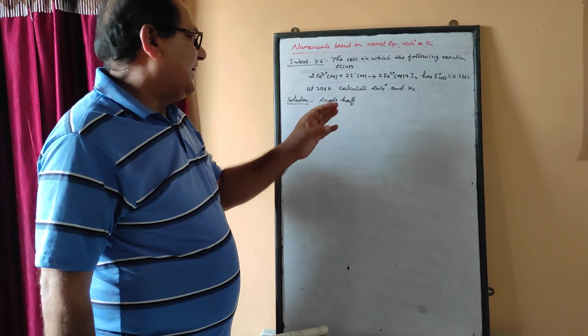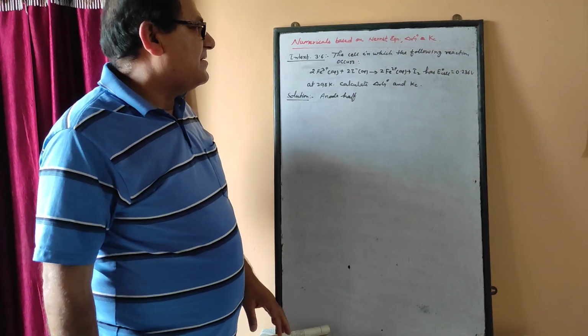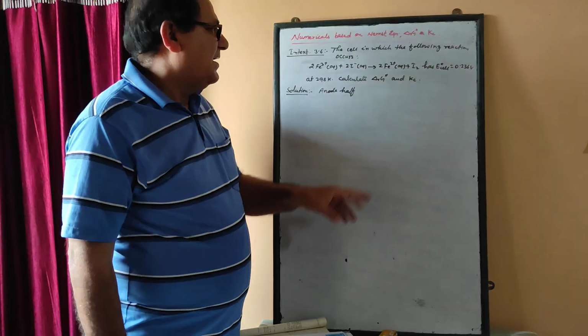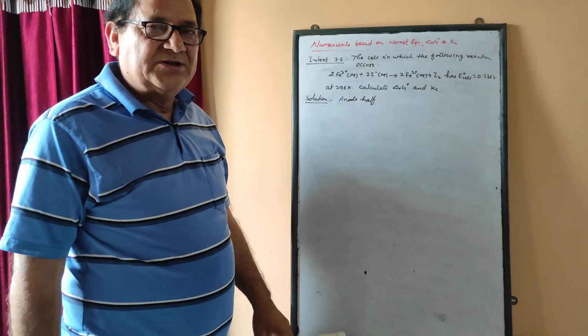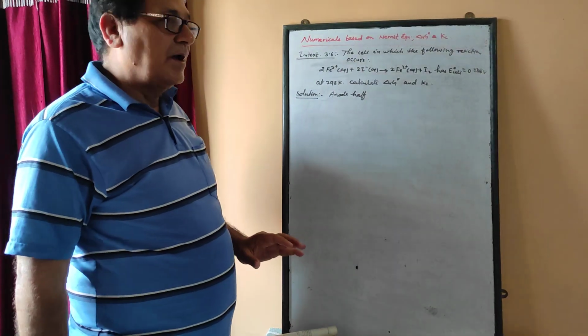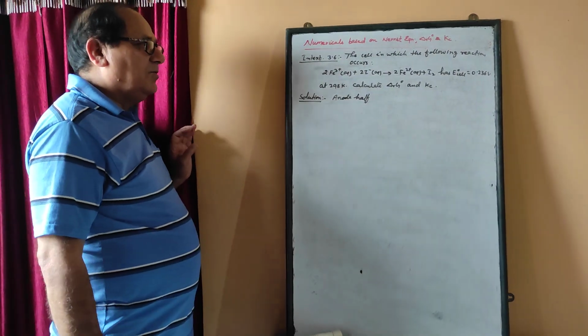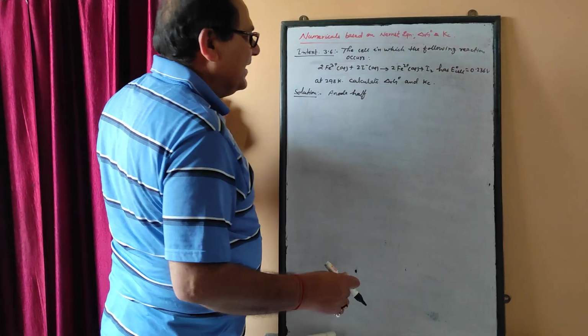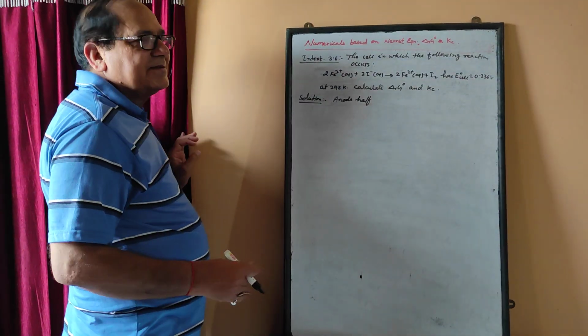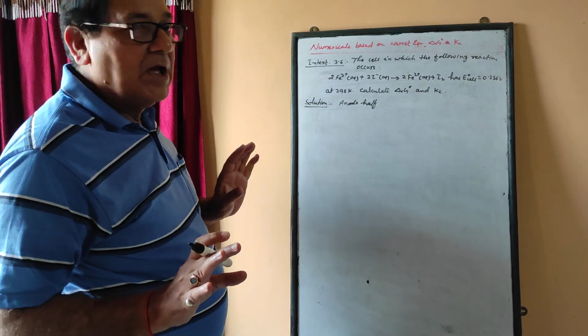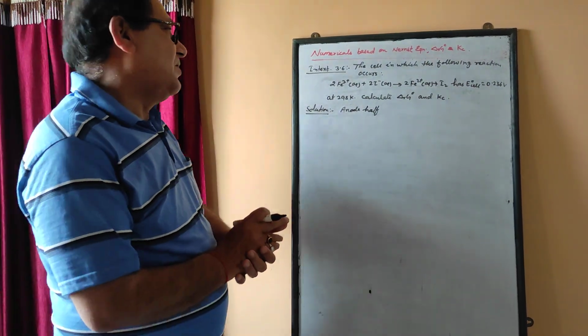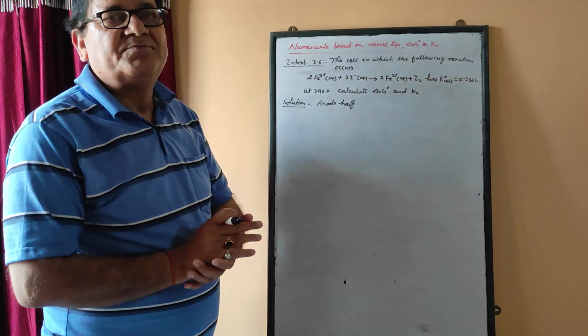Calculate delta rG0, the standard Gibbs free energy change, and the equilibrium constant Kc. Already you know the formula: delta rG0 is equal to minus nF E0 cell. Now the problem is what will be the value of n here.